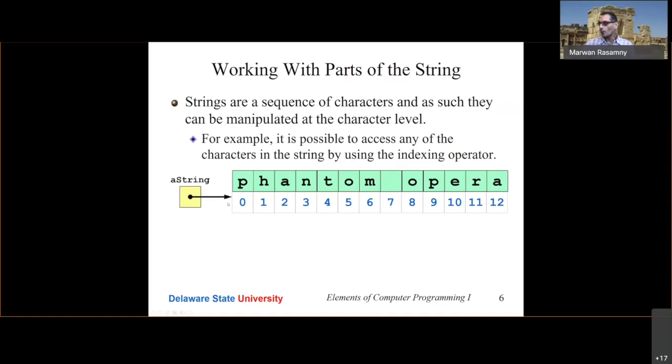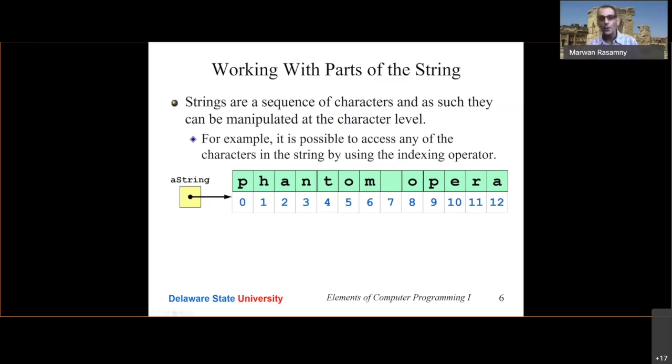We always start indexing at 0 because I take the address in this variable and add 0 to get the first character, add 1 to get the next character, and so forth. So I don't have to add anything. I know exactly where the start of the string is, because the address in the variable is exactly the beginning of the string. That's why we always start at 0. It makes life a lot easier.